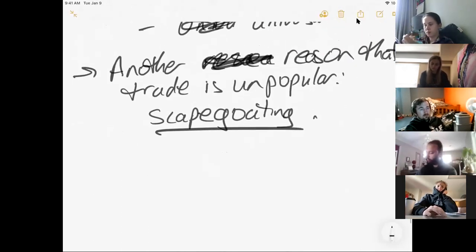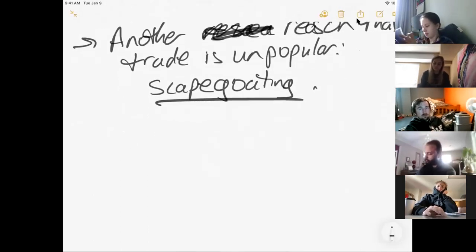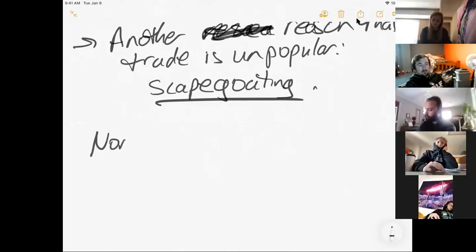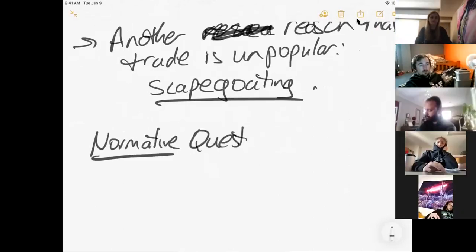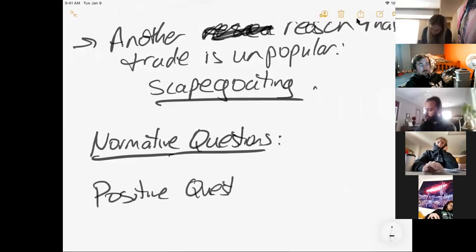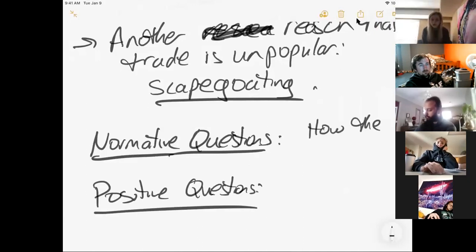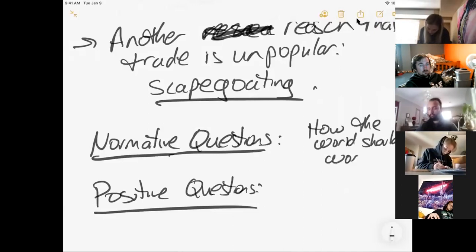And so, maybe we'll talk about this in another way. When you think about questions about policy, many policymakers break the questions into what we call normative questions and positive questions. Normative questions have to do with how the world should work.